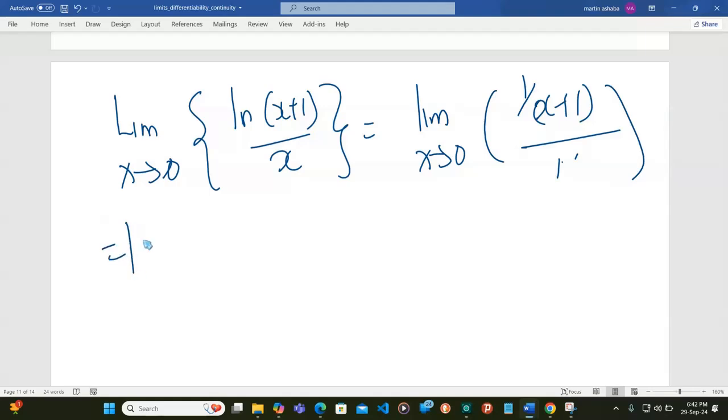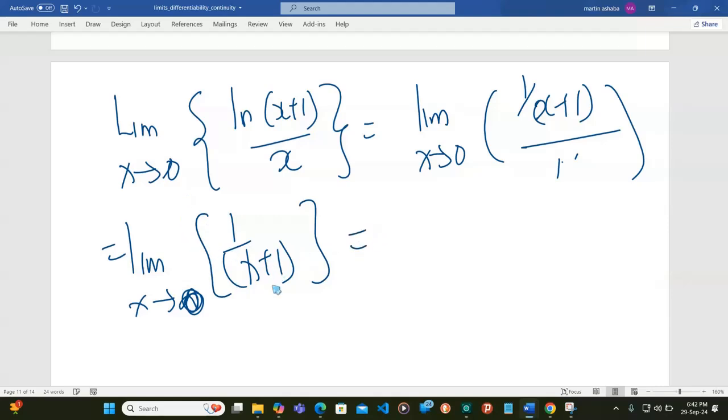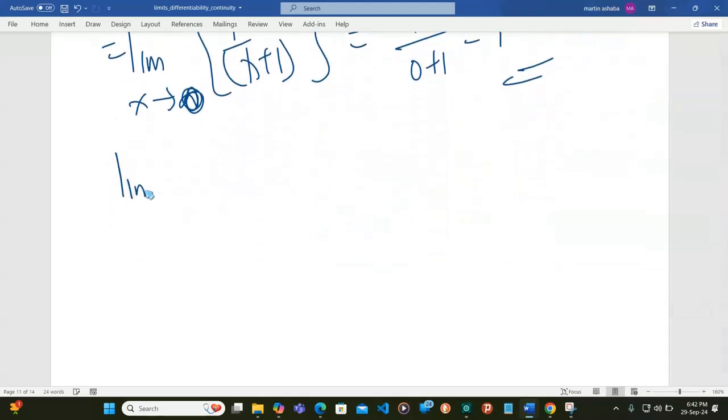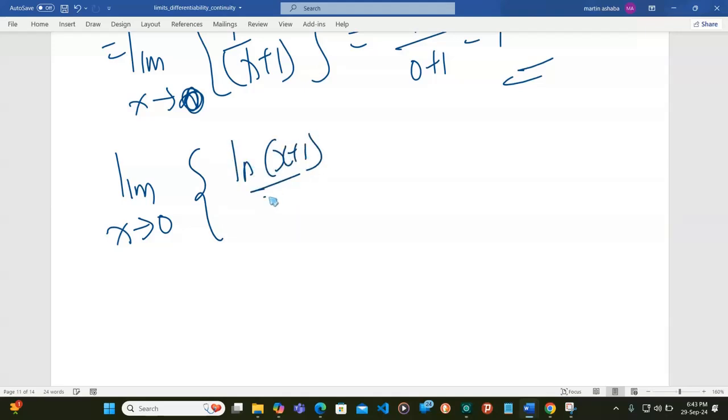So that is the same as taking the limit as x tends to 0 of 1 out of x plus 1. And what is that going to be? Put in x is equal to 0, this will be 0 plus 1, and that is 1. Therefore the limit as x tends to 0 of natural logarithm of x plus 1 divided by x is equal to 1.